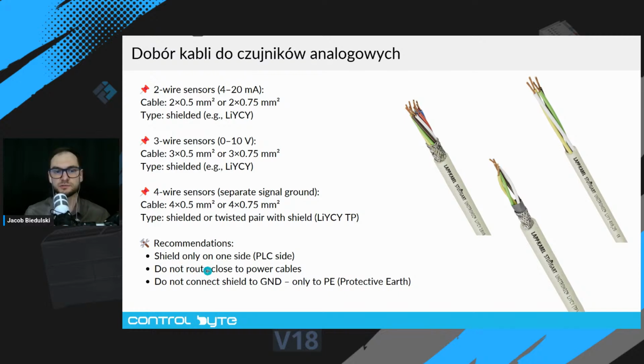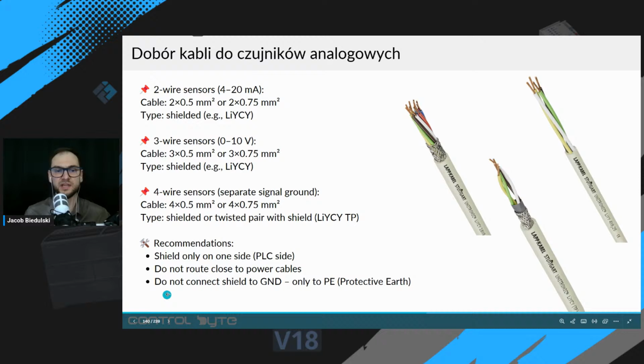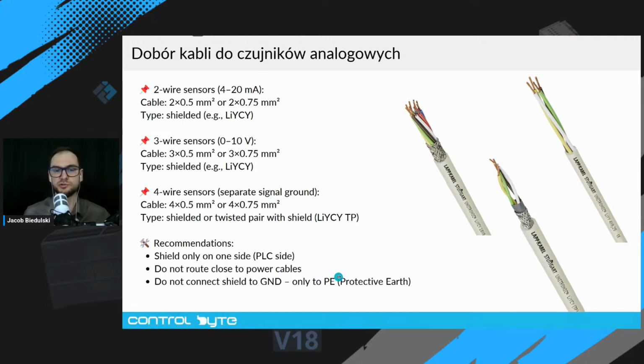You should also route the cable far from power cables. Use special signal ducts, which are grounded as well, and do not connect the shield to the ground of the PLC. Connect this shield to PE, protective earth.